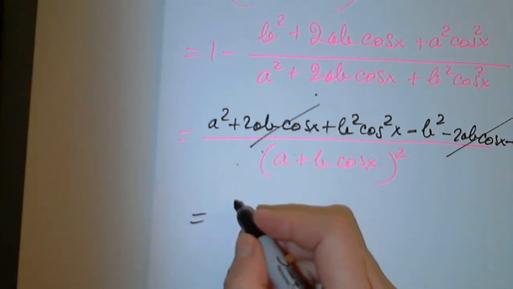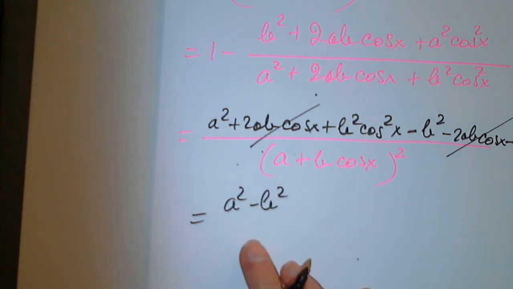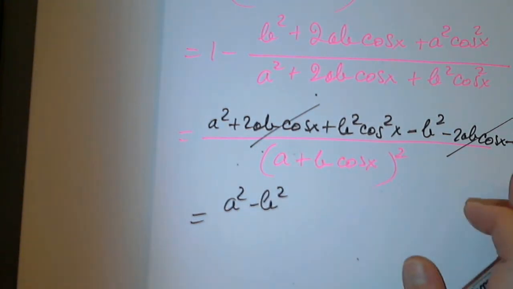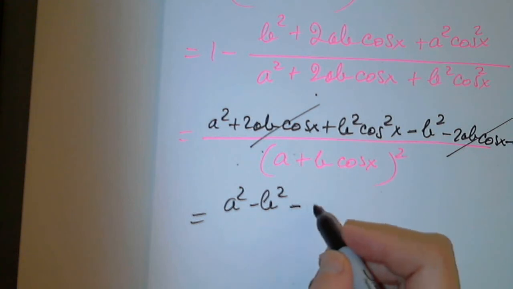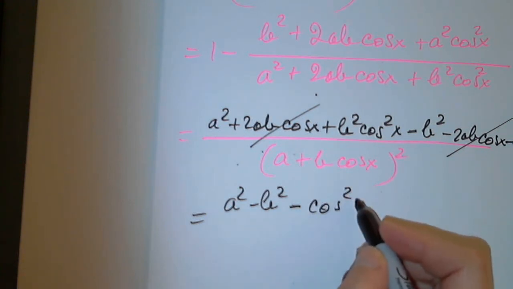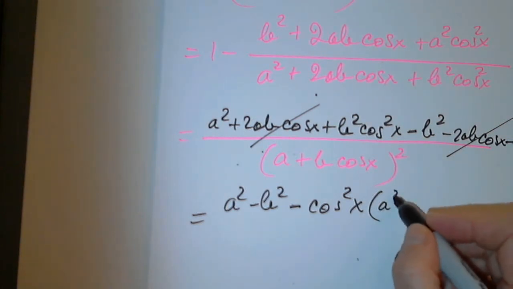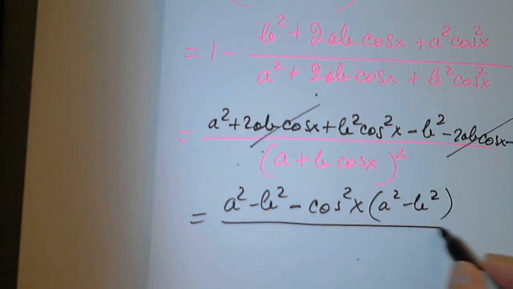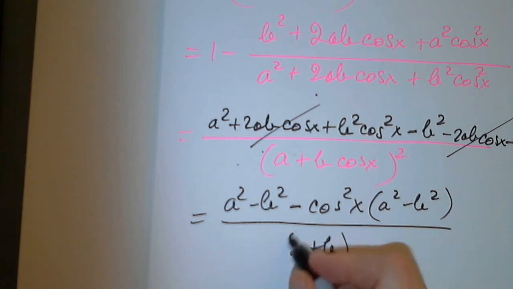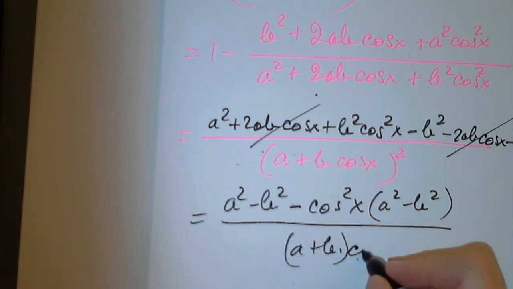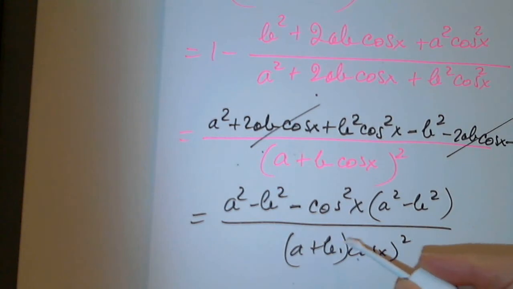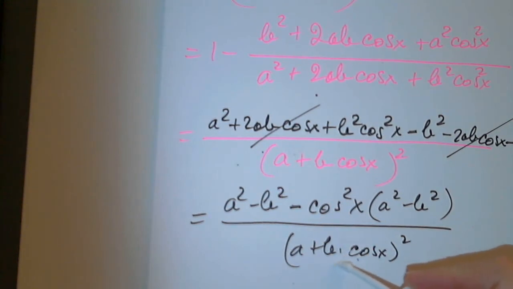I can factor out, I can do this, and then minus cosine squared x and a squared minus b squared over a plus b cosine x squared. Okay, so I will factor out, yes, I can simplify it, and it simplifies quite nicely, actually.